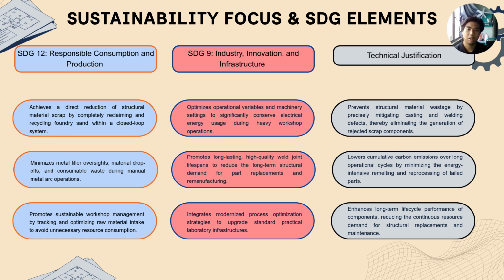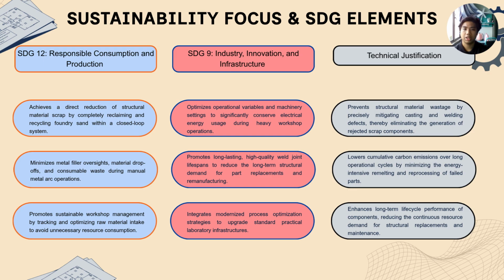Because these joints last a long time, we reduce the demand to remake or replace parts later on. And lastly, we use modern process optimization to upgrade standard laboratory infrastructure. This turns all these setups into smarter, more efficient workspaces.